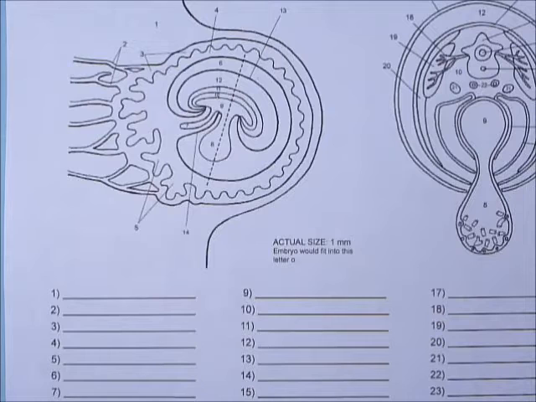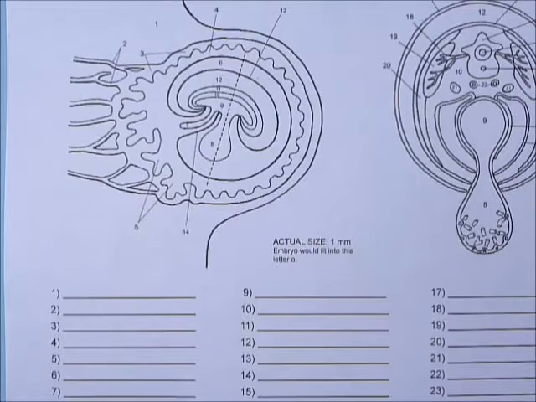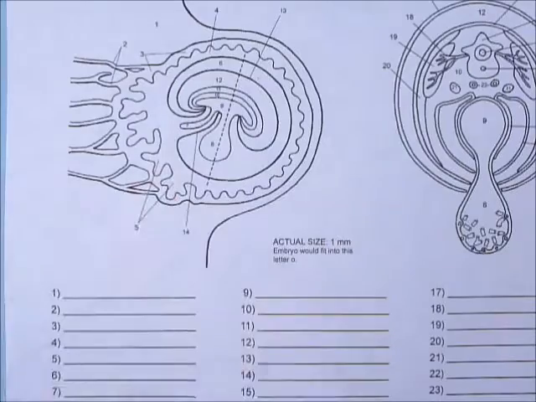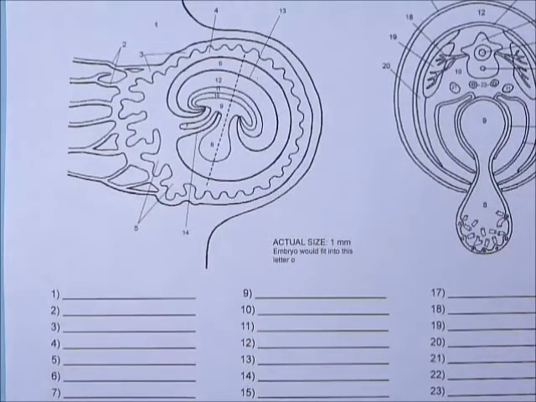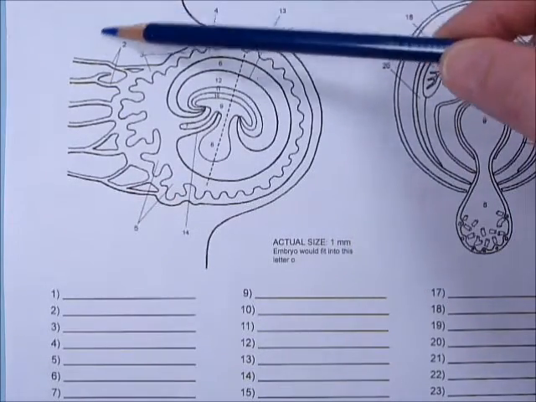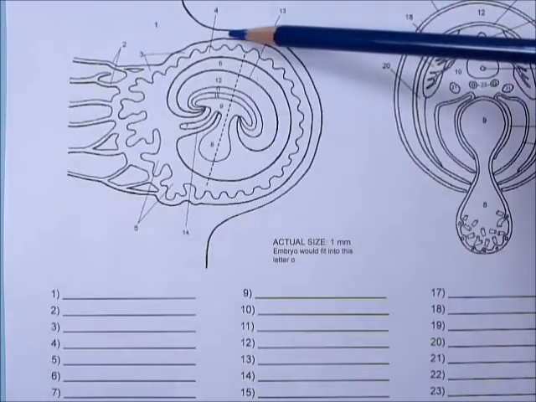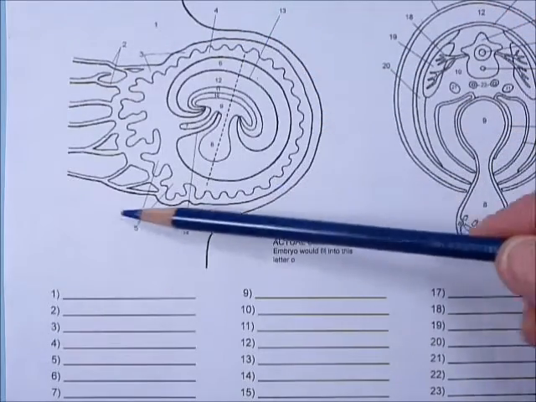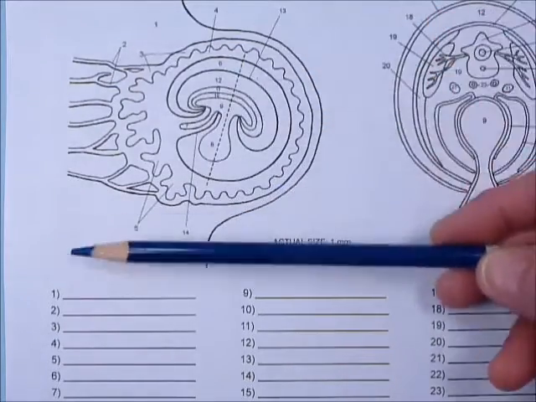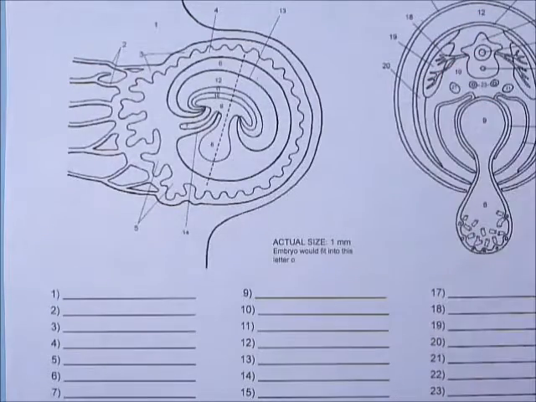Okay, let's start with number 1, and we're not even going to color anything for number 1. We're going to leave it uncolored, and number 1 is basically this space here. You can see there's the one around here, this little strip here, and all of this. Basically number 1 is the background of this whole thing, where this is occurring, and that would be in the endometrium, the lining of the uterus.